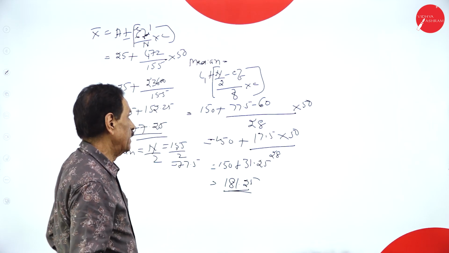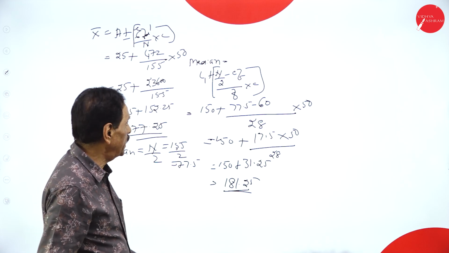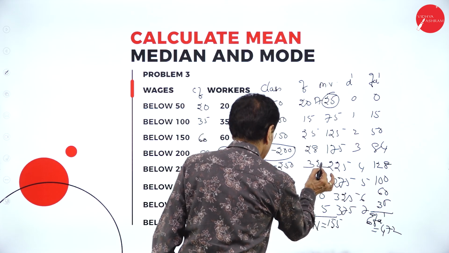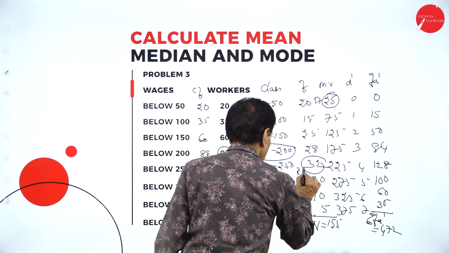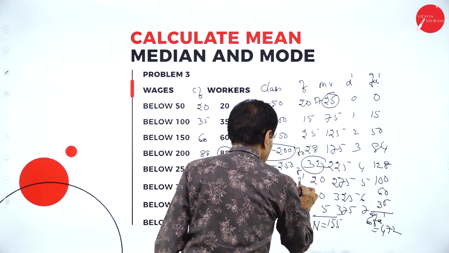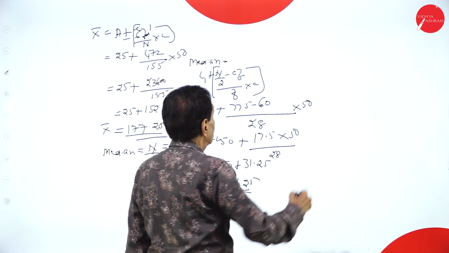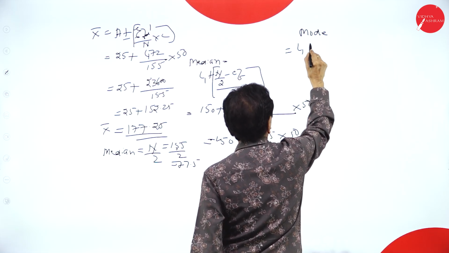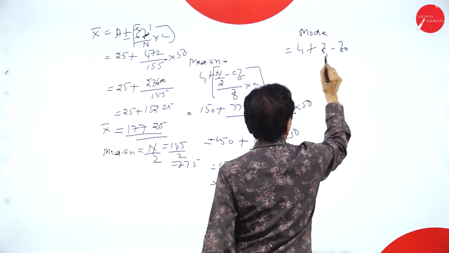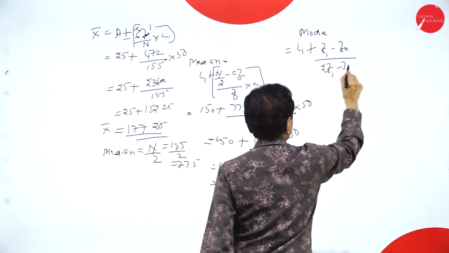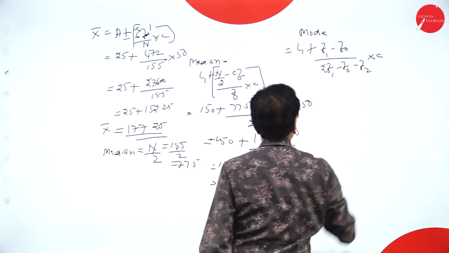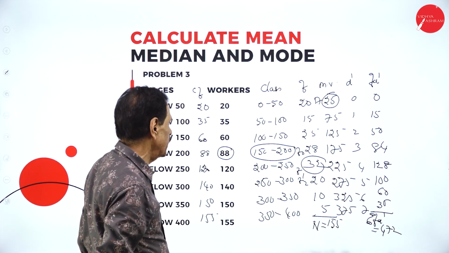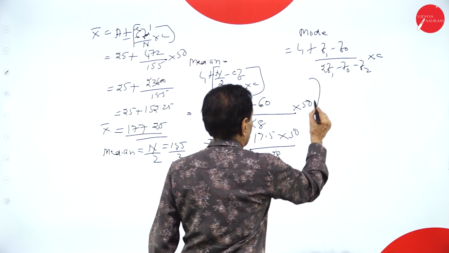Now, the last one, mode lies in highest frequency. Come back here. Mode lies in highest frequency. Your highest frequency is 32. This is F1. This is F0. This is F2. So, we'll apply. Mode is equal to L1 plus F1 minus F0 over 2 F1 minus F0 minus F2 into C. What's your L1 highest range you selected? 200 to 250, 200.